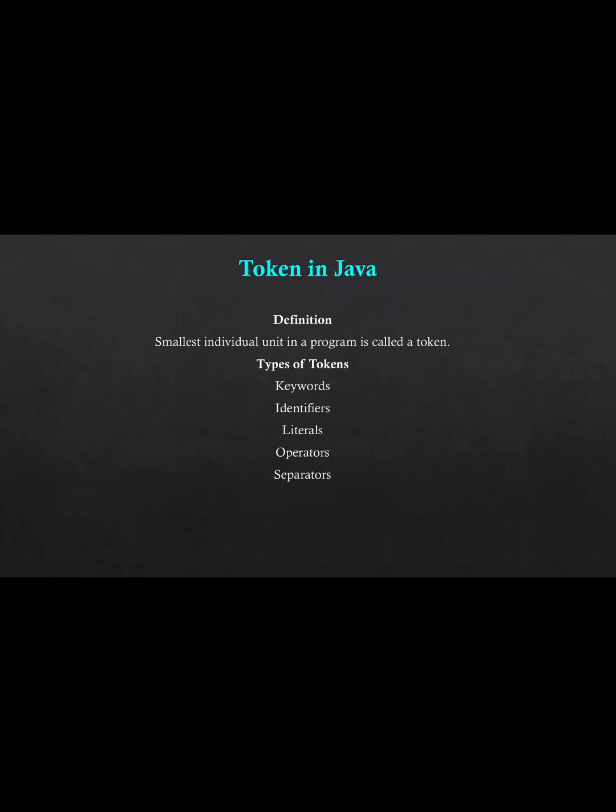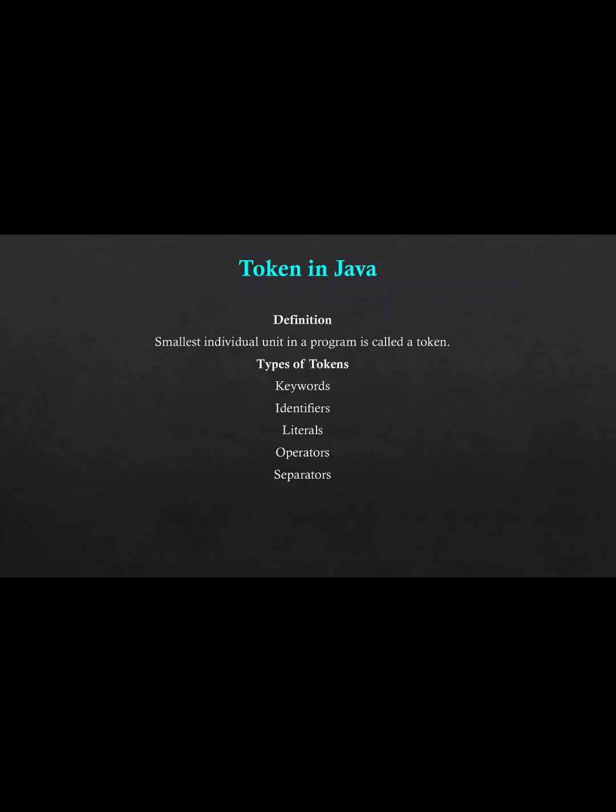And what are the different types of tokens we use in Java? As the definition itself says, the smallest individual unit in a program is called a token. So many tokens together make a single line of a program in Java, and multiple lines together make a program in Java. And what are the different types of tokens?